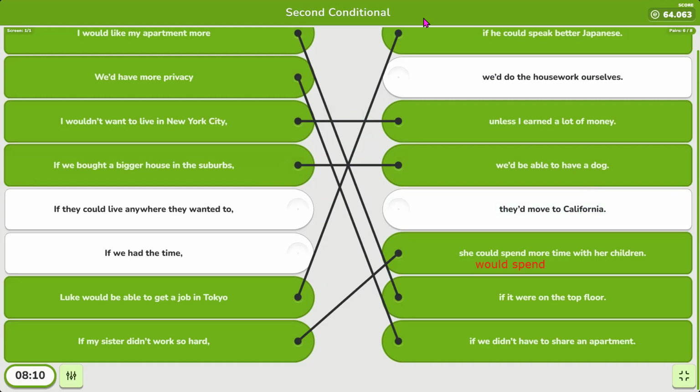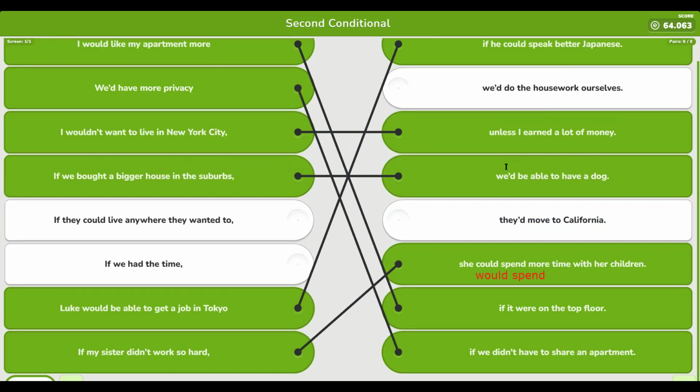My dear Juan Carlos and my dear students, this contraction with would, it is we'd, we would. Penultimate, Juan Carlos.